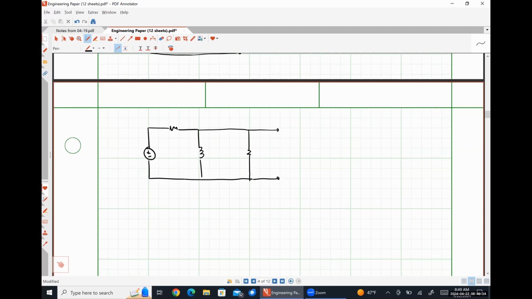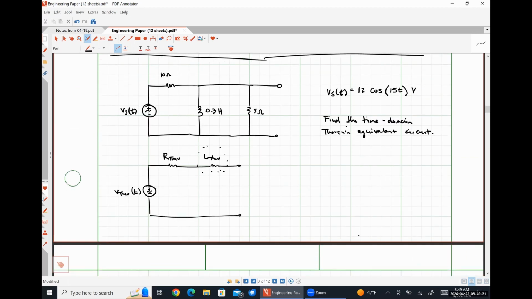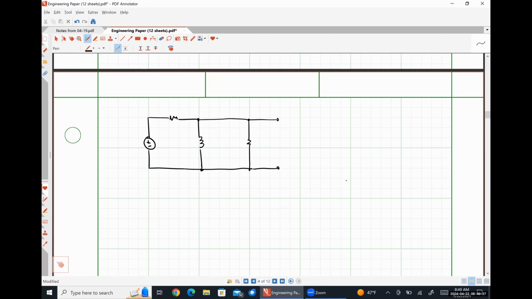What would the phasor representation of 12 cosine 15t be? 12 angle 0. Yay, you guys haven't forgotten literally everything. 12 angle 0 degrees volts. All right, so we're good there.